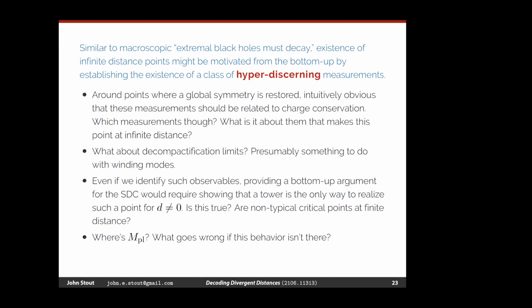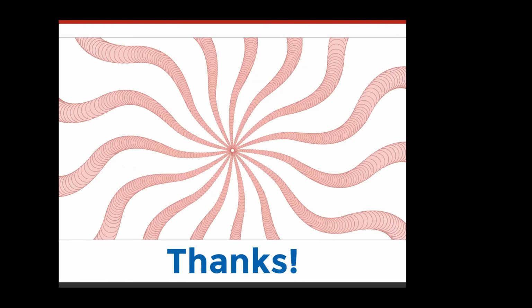But this is still far from being realized. One very relevant question is that none of this analysis needed the Planck mass, so it's not clear how the Planck scale comes in. What goes wrong if this type of behavior is there? So with that, let me end. Thank you.